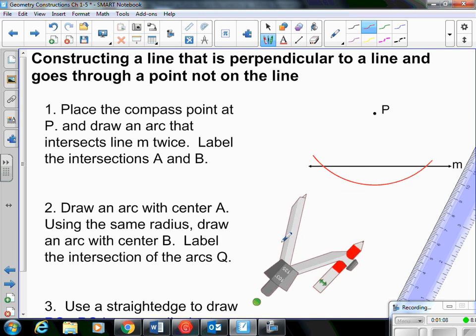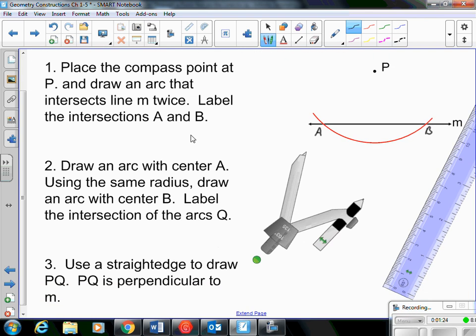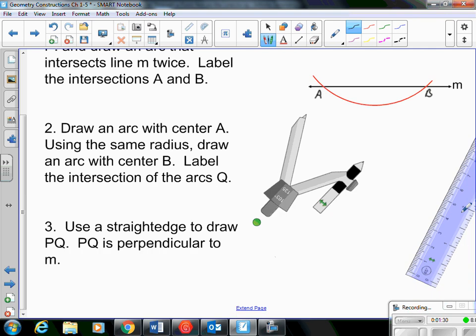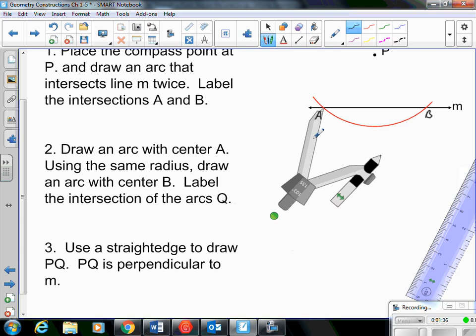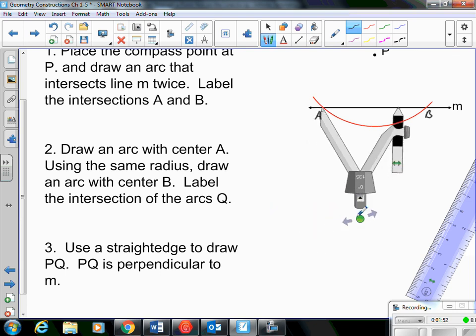So make an arc, we hit it in two places, and it wants us to label those as A and B. And then we're going to draw an arc with center A. So in this case, we want to make sure that we're open past half the distance between A and B, which looks like we're more than halfway.